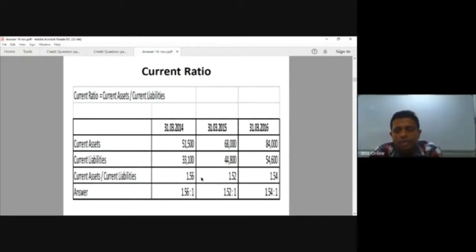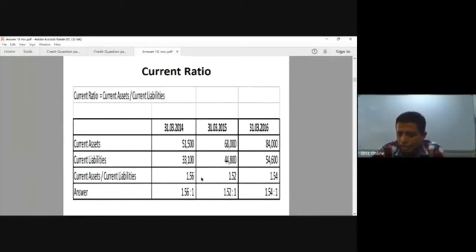We'll do the interpretation once we compute all the ratios. You need not write down anything. It's better to understand and listen to whatever I am going to speak about and get a clear idea of how to calculate. Then I'll tell you how to interpret and finalize the answer.